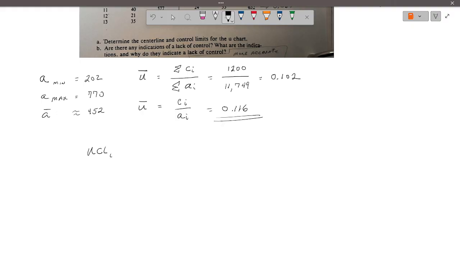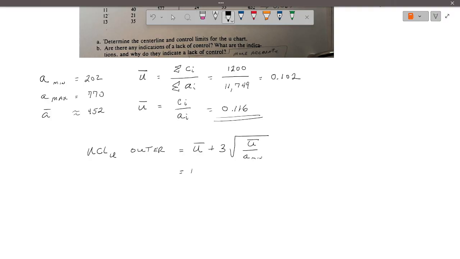upper control limit U, and this is going to be the outer one. I'm going to do U average plus 3 square root of U average divided by A minimum. Okay. And that'll equal, do it this way.